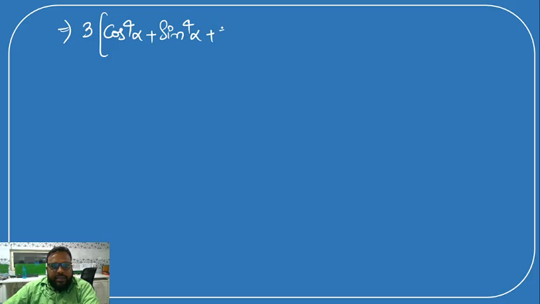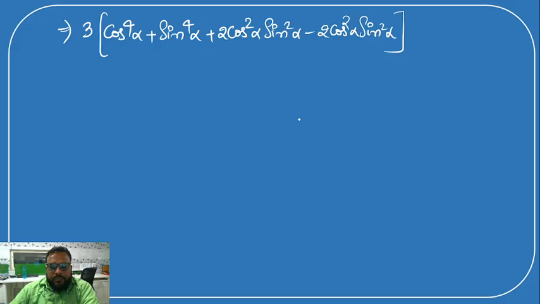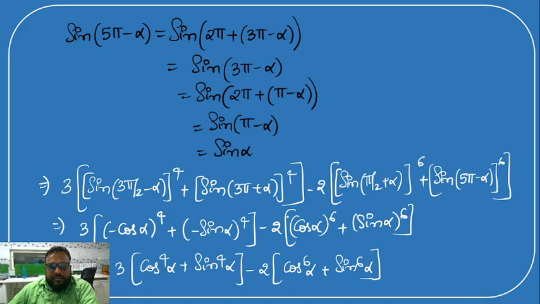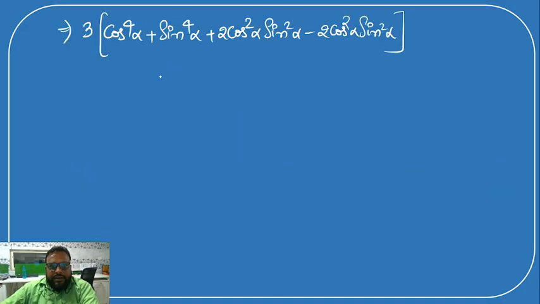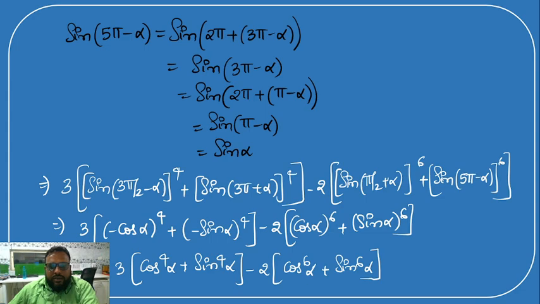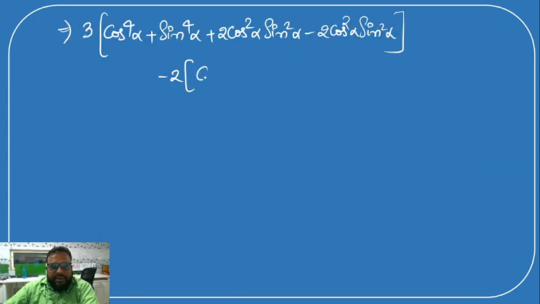Next, minus 2 into cos to the power of 6 alpha plus sin to the power of 6 alpha. This I will write as cos square alpha whole cube plus sin square alpha whole cube.